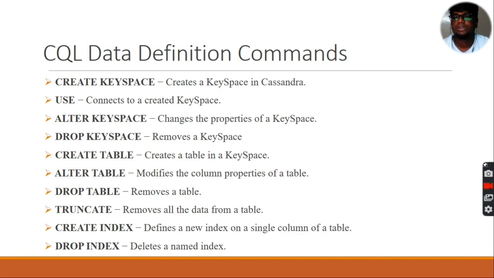CQL data definition commands. Many commands are there: create keyspace, use, alter keyspace, drop keyspace, create table, alter table, drop table, truncate, create index, drop index. First, create keyspace creates a keyspace in Cassandra.